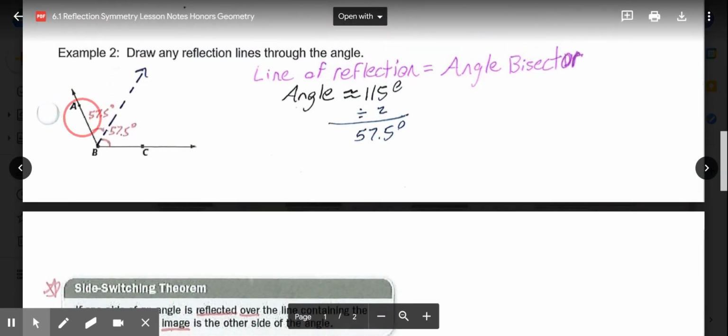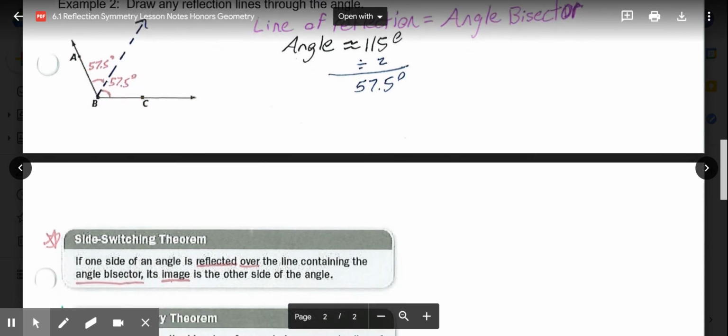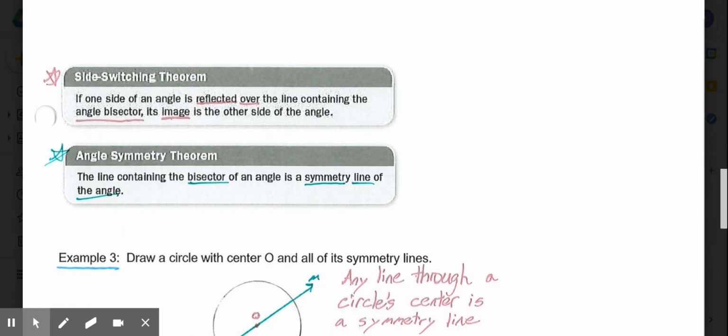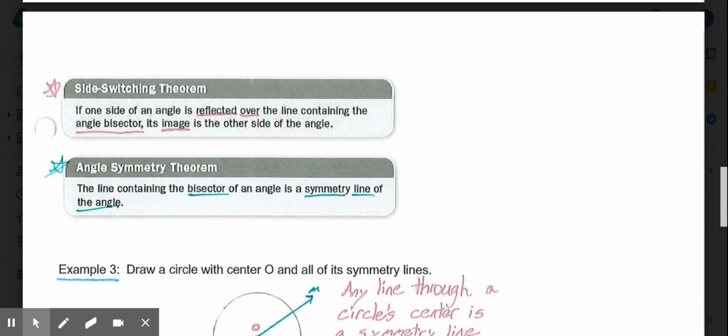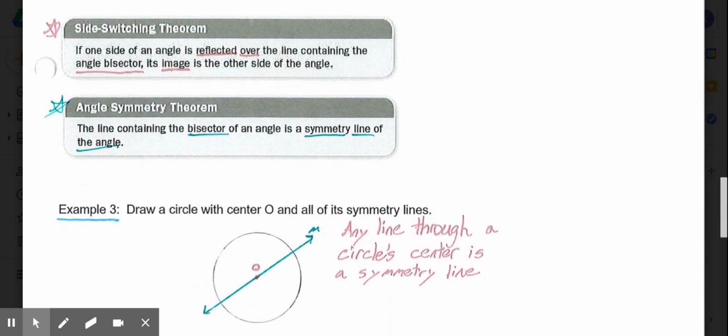So if I take this side, the AB, and we'll call this D, so ABD, and reflect it over line BD, it would give me the other side, which is angle CBD. And then the angle symmetry theorem says the line containing the bisector of an angle is the symmetry line for that angle. So an angle bisector is an angle symmetry line.